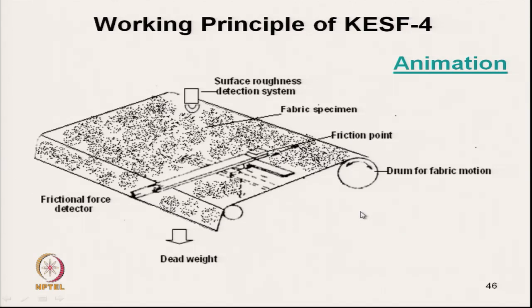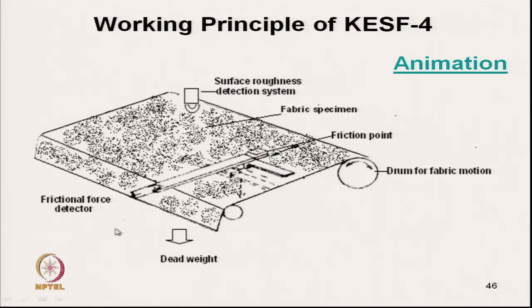Once the drum is rotating in clockwise direction, the other side is free and can simply move up and down. There will be friction generated at the frictional point, and this friction force is measured by the friction detector. When the drum rotates in the other direction, there will be another frictional force.